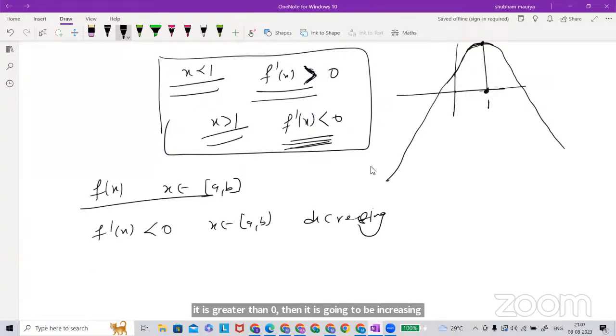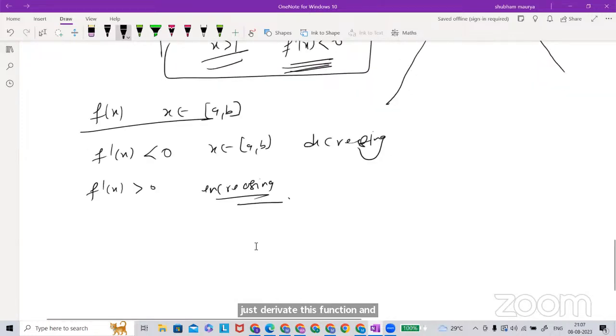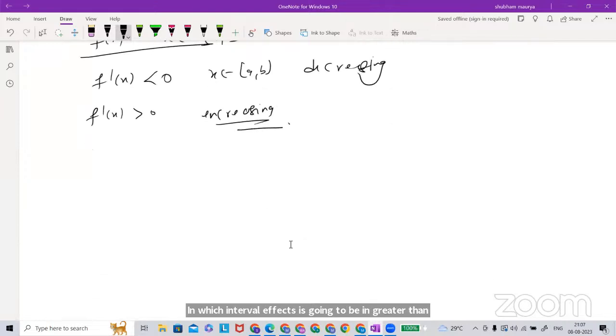This is the meaning of increasing and decreasing. So in this problem, again, I suggest you differentiate the function and, interval-wise, check in which interval f prime x is greater than 0 or less than 0. Is that clear now? Somebody asked this, and I'm saying this.